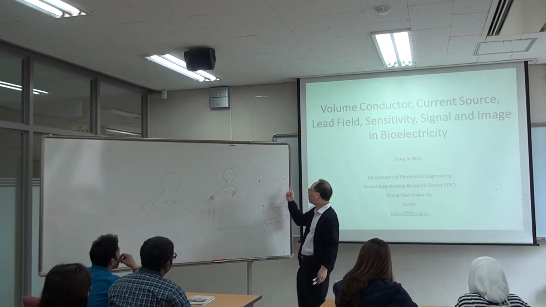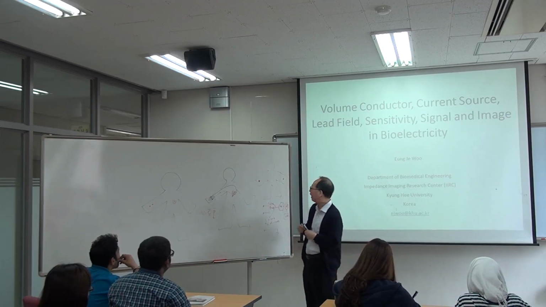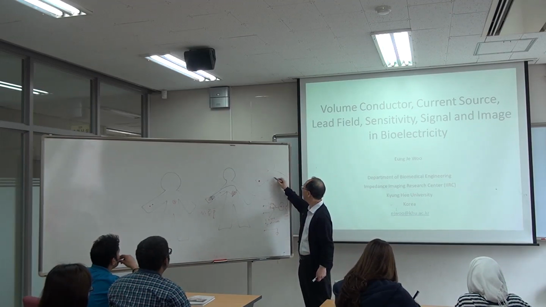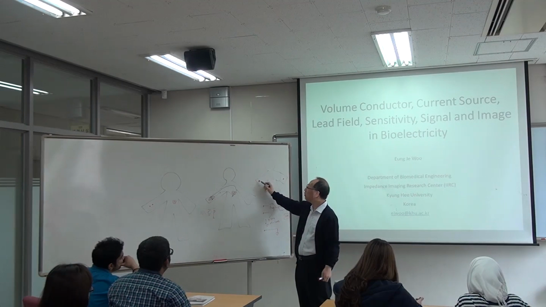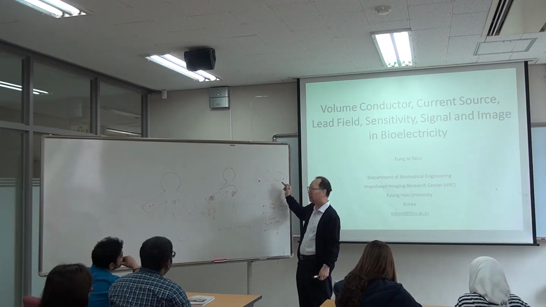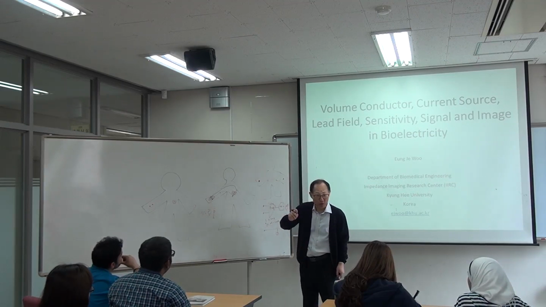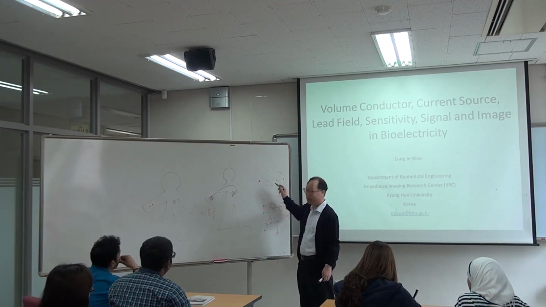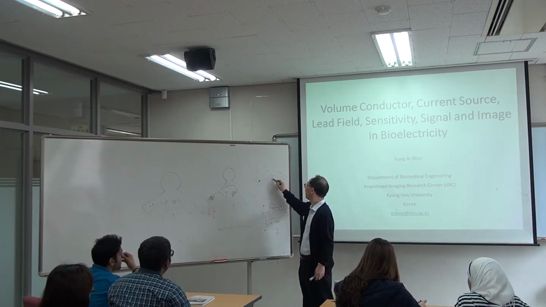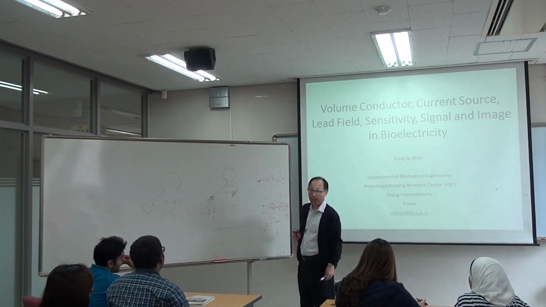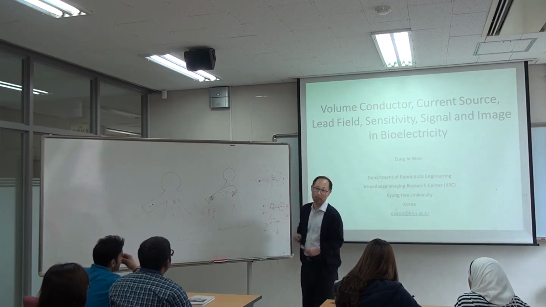So we have this kind of electrode configuration. Then where's the heart? Here's the heart. What's going to be the lead field? We inject current from here to here. So current must flow from here to here. So this current must go through the heart. So we have a strong lead field.